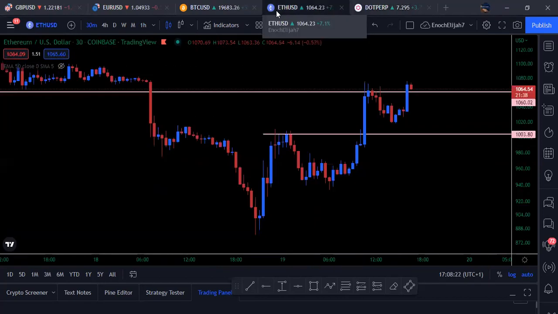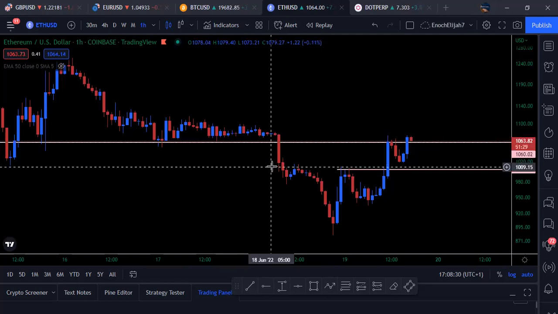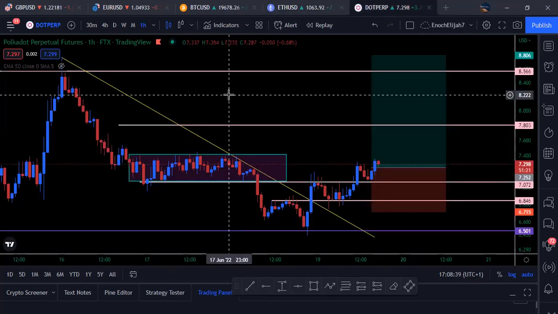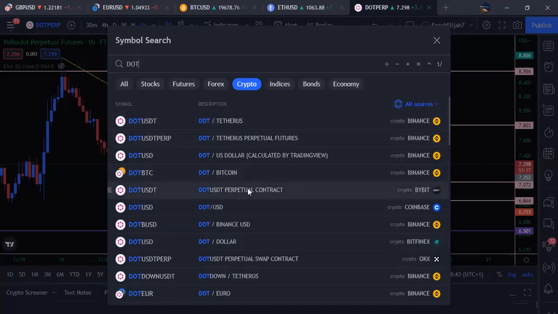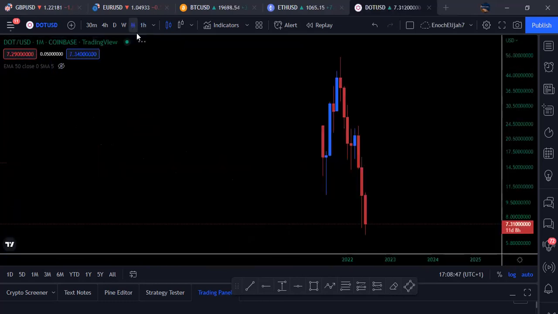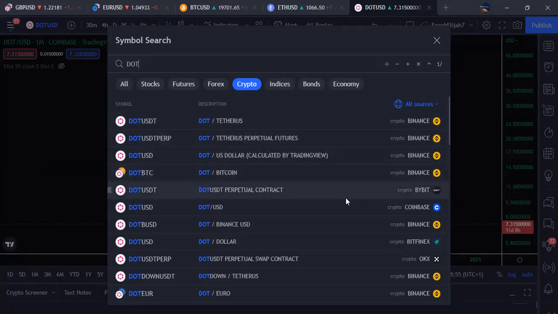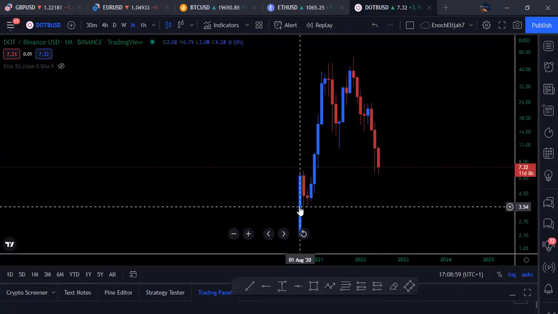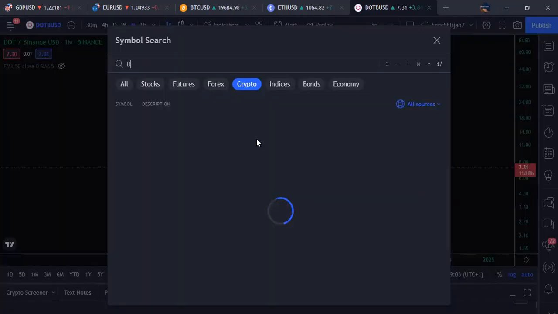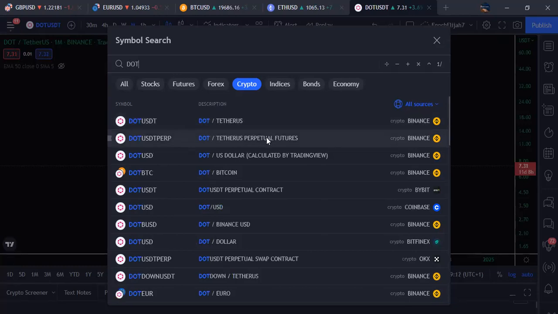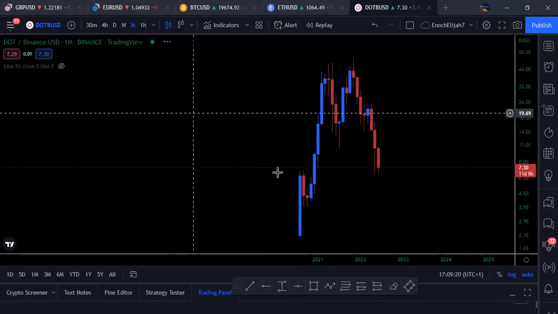I'm going to walk you through it, the science behind this trade, why I chose this trade, the other trade I saw. This is DOTS. Okay, so this is DOTS.